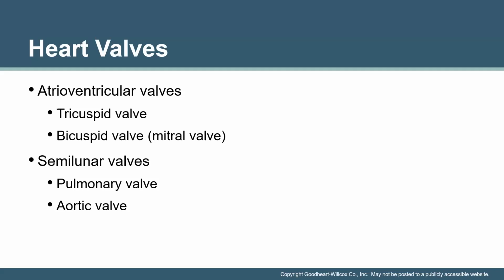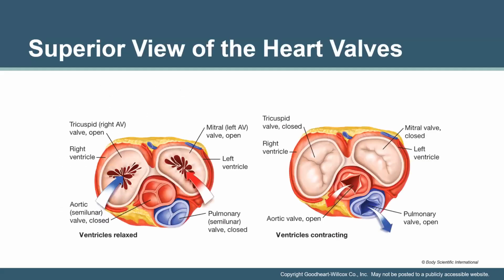So with the AV valves, your tricuspid and bicuspid valves, these are like flaps that are anchored to the ventricles by thin fibrous connective cords, or connective tissue, called chordae tendineae.